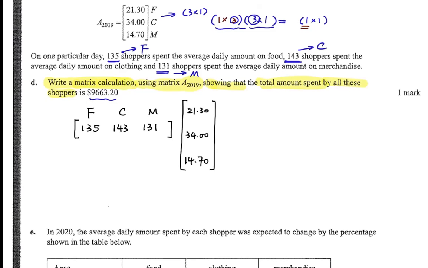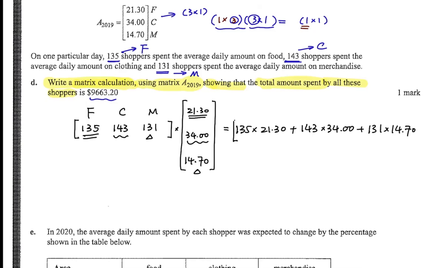So if you multiply these two matrices, you will get this number multiplied with that: 135 multiplied by 21.30 plus this number with that number, 143 times 34.00, plus 131 times 14.70, okay? Don't forget, this is a matrix calculation.